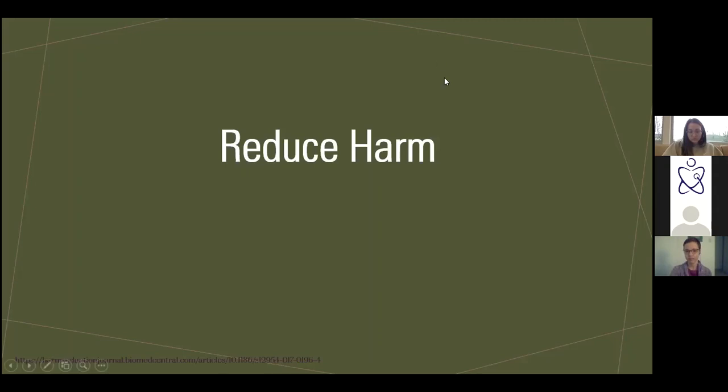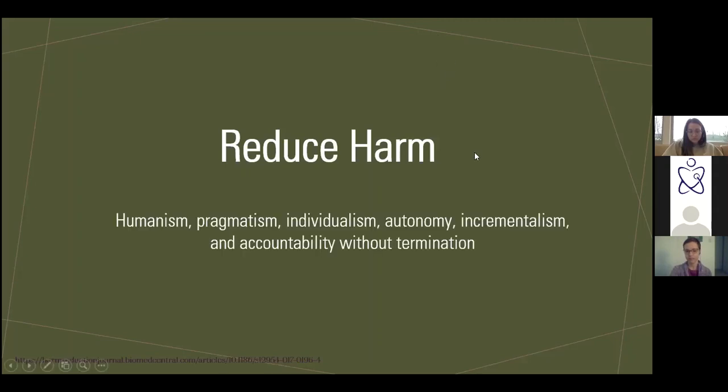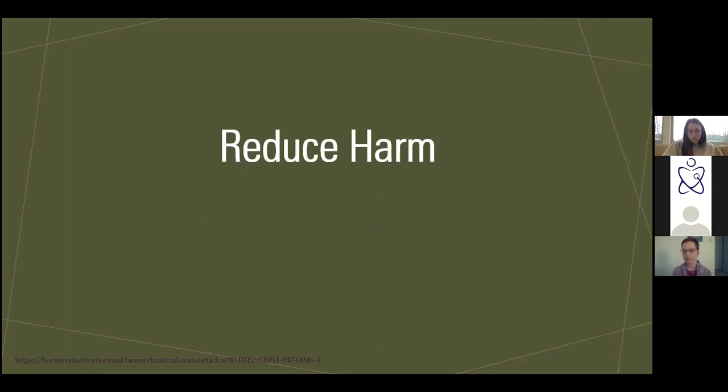It's talking to the patient and figuring out what they are willing to do and where they are at with what they want to do with their substance use disorder, and offering whatever you can to help make their substance use safer for them. And offering whatever amount of treatment for their substance use disorder they want to accept, and then reducing harm as much as you can for whatever amount of substance use they're going to be doing.